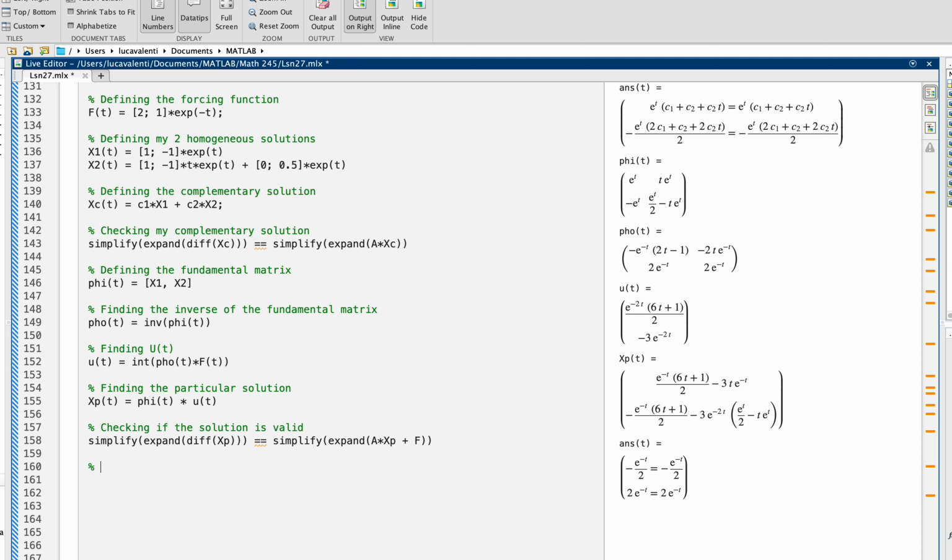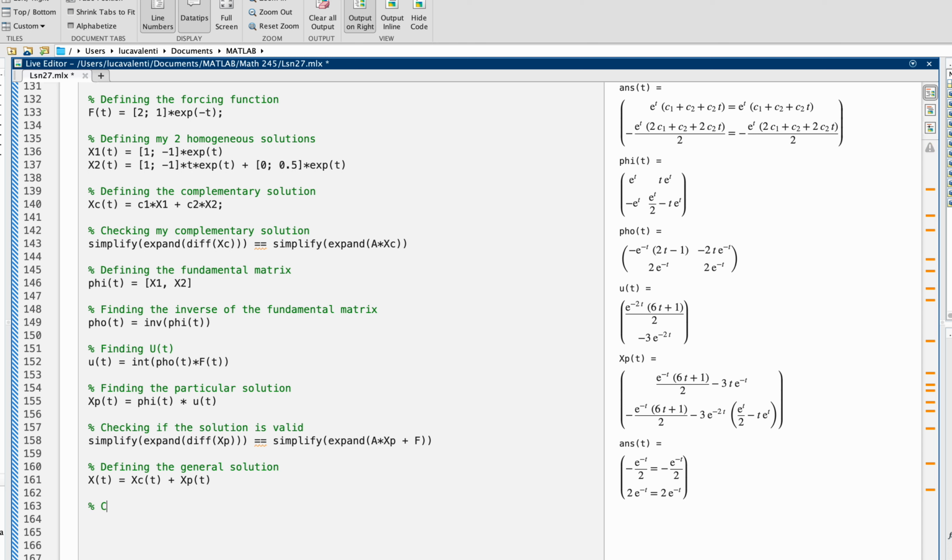And now I'm going to define the general solution. So to define the general solution, I'm going to call it x of t, and it's going to be xc of t plus xp of t. You don't need to write of t, but I like to just keep that in there. This is going to be the general solution.